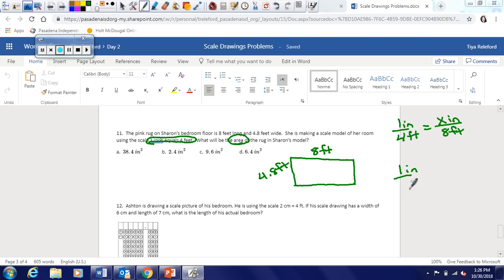You are going to have to set up a proportion for the width. And then you are going to have to multiply this answer times this answer. Area equals base times height. So turn them into inches and then multiply.